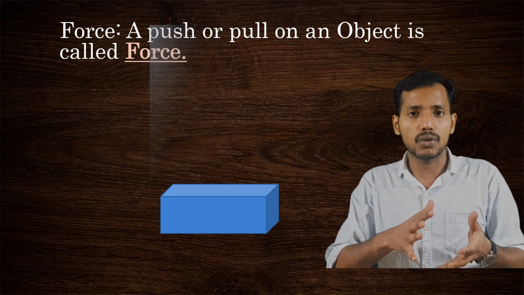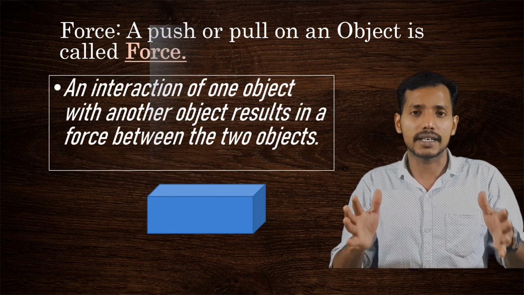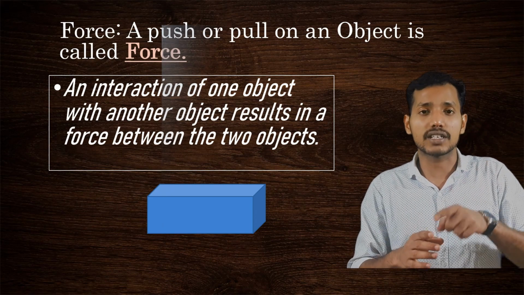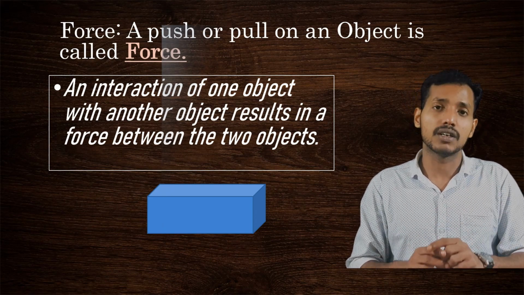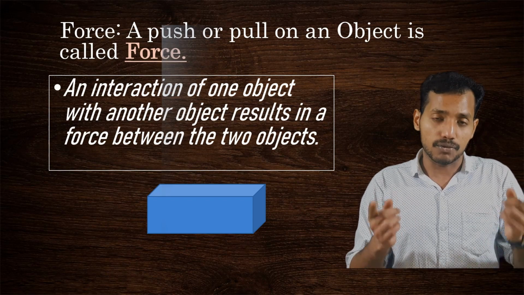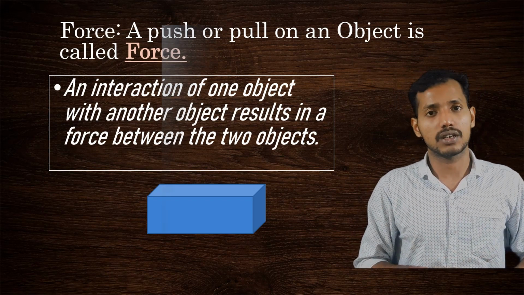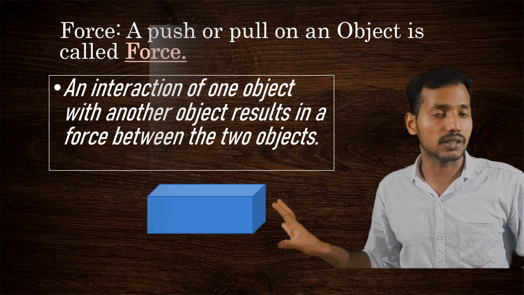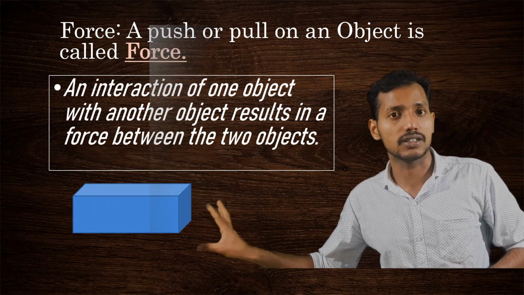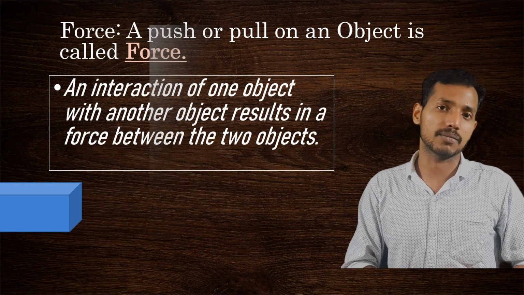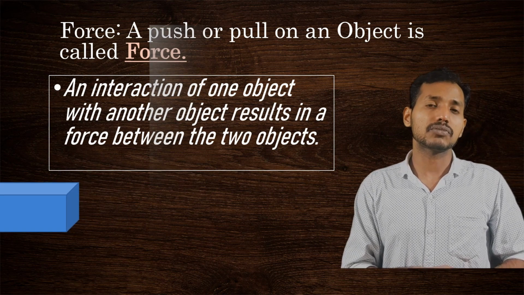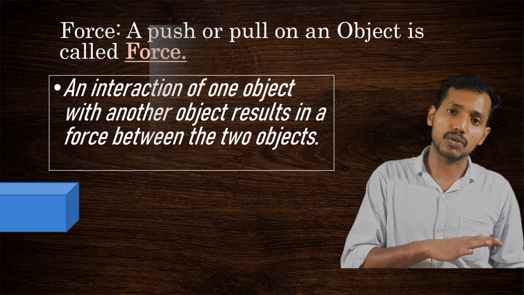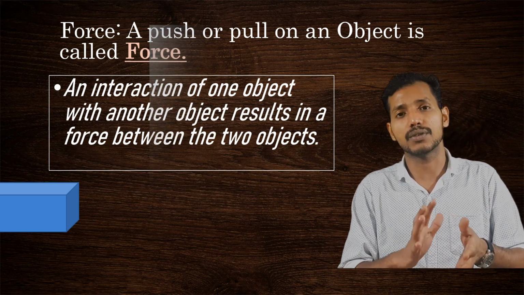So to make the force effective, there should be an interaction between two objects. An interaction of one object with another object results in a force between the two objects. Now if I push this one by touching the box, you can see that this box is moving.